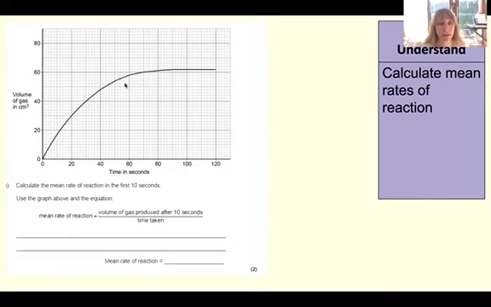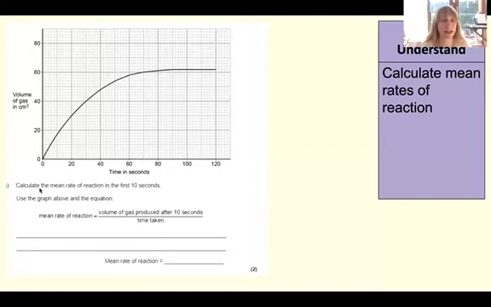The other thing that we need to be able to do with the graph is to work out the actual rate of reaction itself, a numerical value. It's the quantitative side of the chemistry. So the first bit is how to work out a mean rate of reaction. This is very simple because we work out the gradient of this line, and many of you will be familiar with the term rise over run. So how much has it gone up by how much it has gone along.